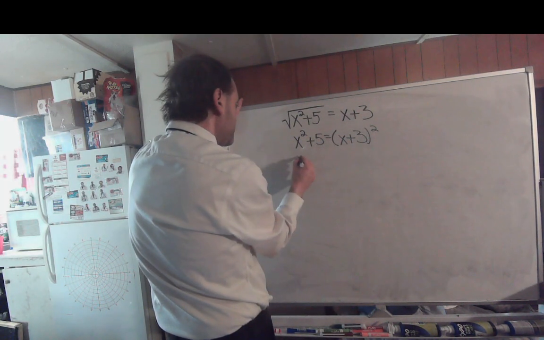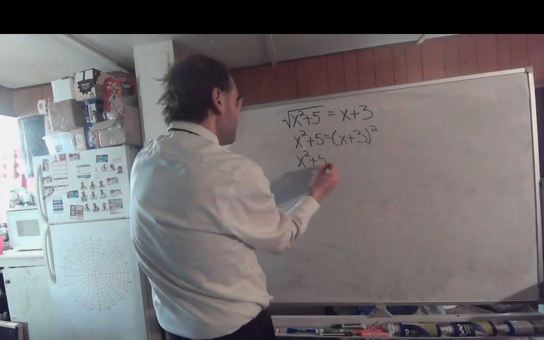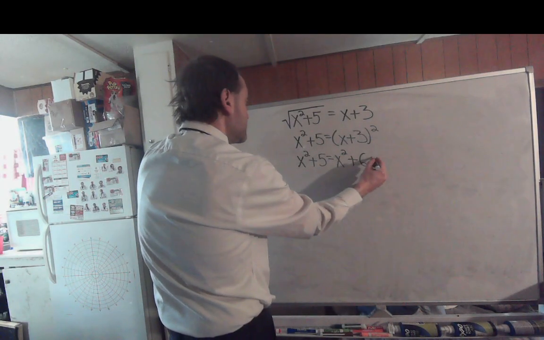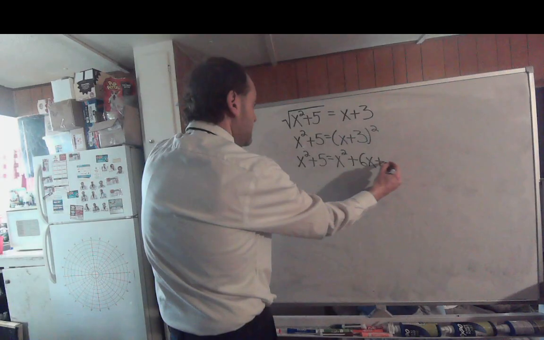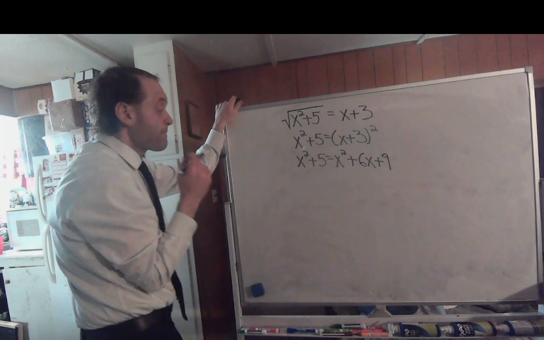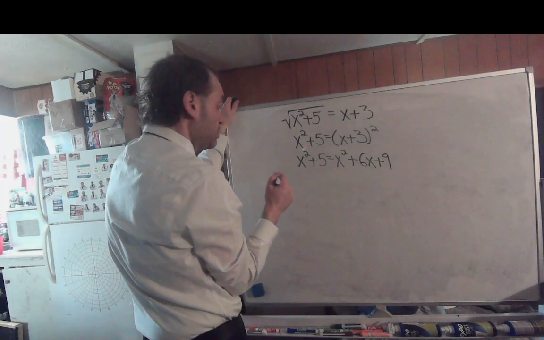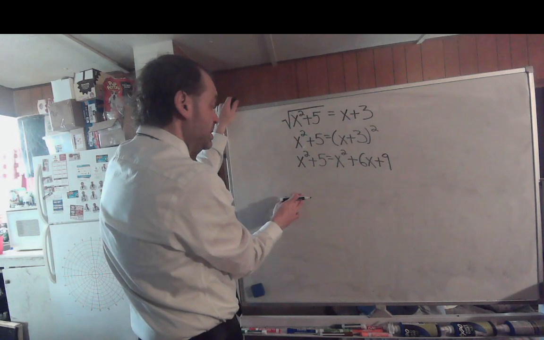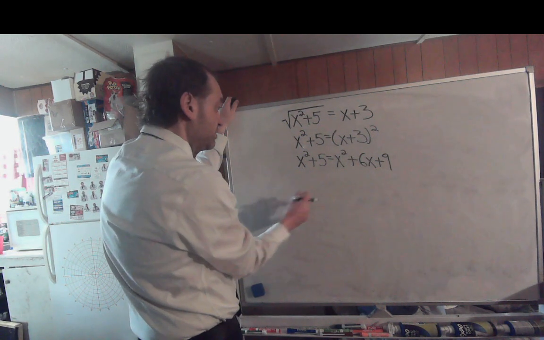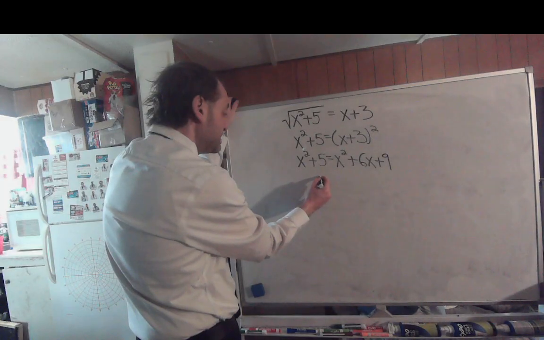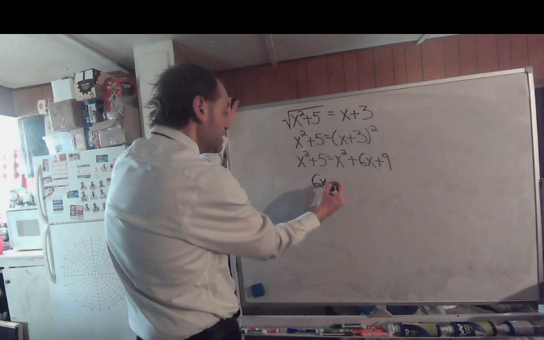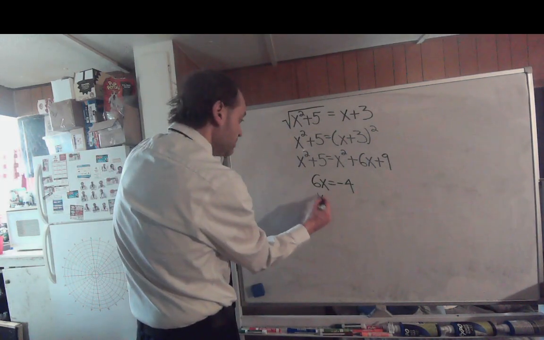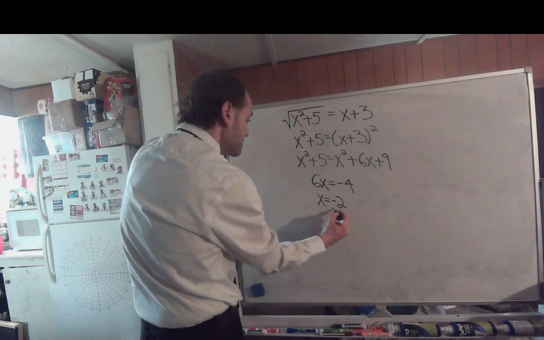So you would get x squared plus 5 equals x squared plus 6x plus 9. Okay, so good news is the x squareds go away. So this would literally turn into 6x equals negative 4, which would mean that x equals negative 2/3.